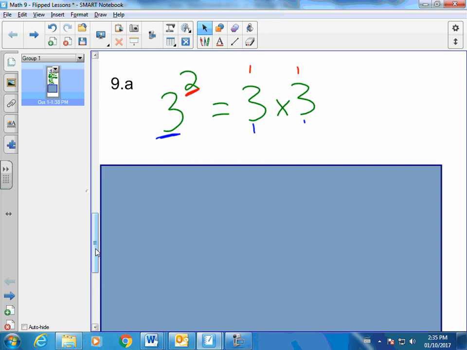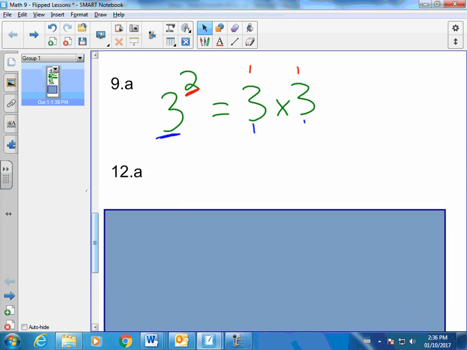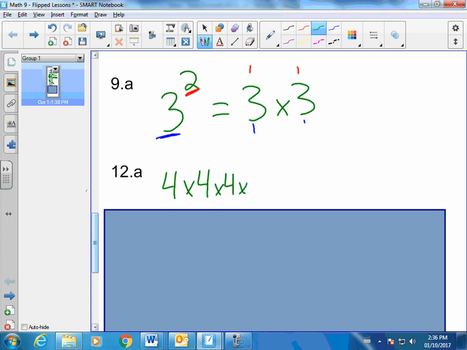For our class, we're going to skip questions 10 and 11, and we're actually going to do the opposite process of question 9. So go ahead and move down to 12a if you'd like. Looking at the first question of 12a, it's asking us what 4 by 4 by 4 by 4 is as a power.